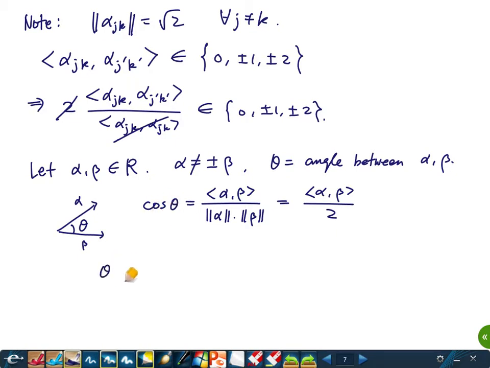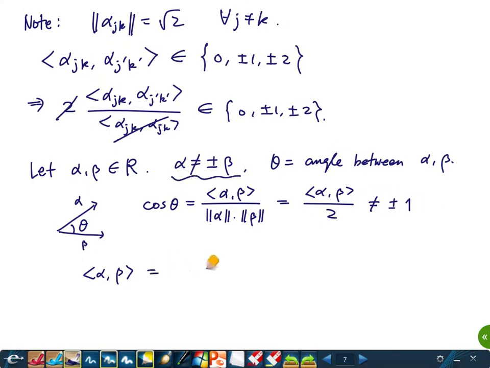So theta, depending on this alpha, beta: alpha is not equal to plus or minus beta, that means this is not plus or minus 2. That means this is 0 or plus or minus 1. It cannot be plus or minus 2 because we assumed this.